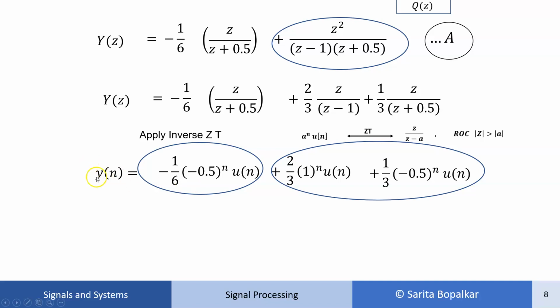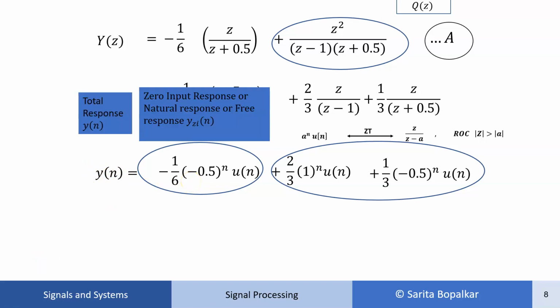So your y(n) is a combination of two responses. The first one is the zero input response, the response because of the initial state only. It is called a zero input response because we are not considering the effect of x(n), and it is also called the natural response or free response, denoted as y_zi.